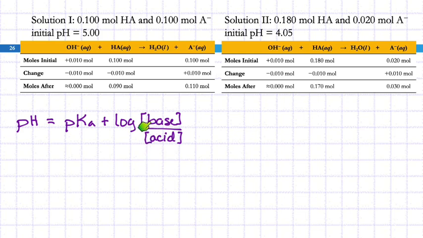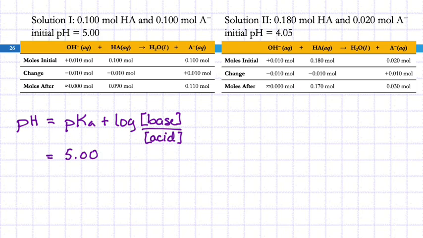The molarity of the base is going to be the moles of base divided by the volume, 1 liter. The concentration of the acid is the moles of acid divided by the volume, which is 1 liter. Because the volumes are the same for these, they have to be because they're in the same solution, the liters will always cancel out, and so we can do these with moles and take kind of a shortcut. If you don't like to shortcut, don't. You'll be fine.